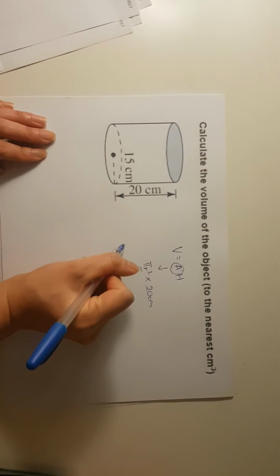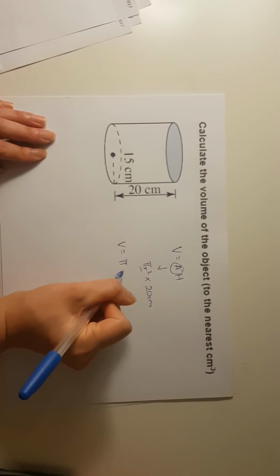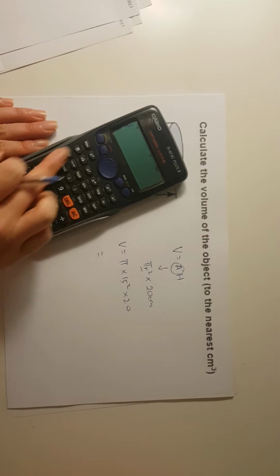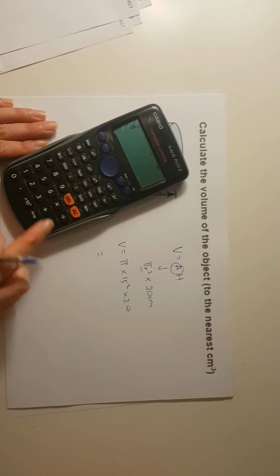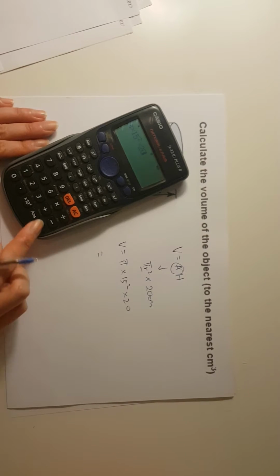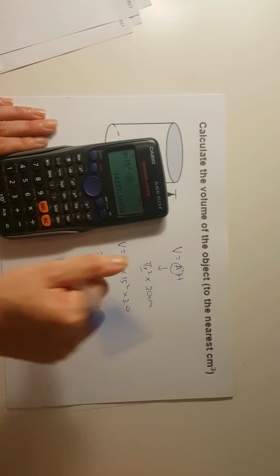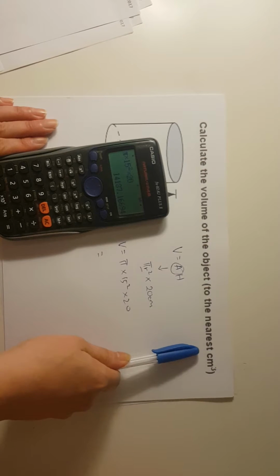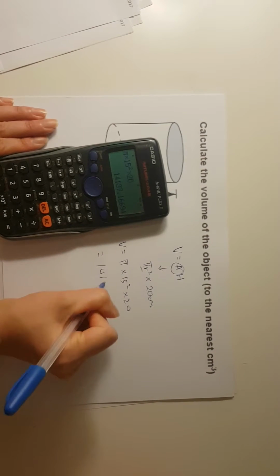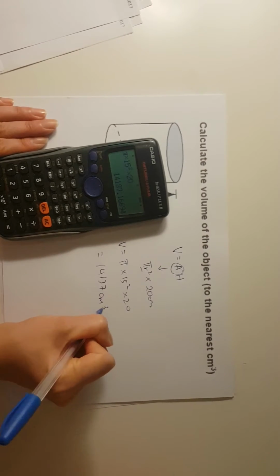It's given to us. So volume is going to be pi times 15 squared times 20, and the volume of this object is going to be pi 15 squared 20, this value, and it says give it to the nearest centimeter cubed, so that just rounds to 14137 centimeters cubed.